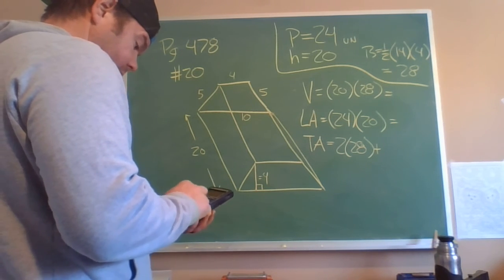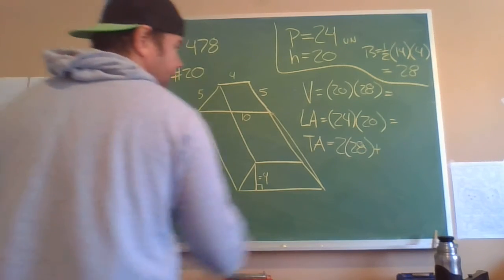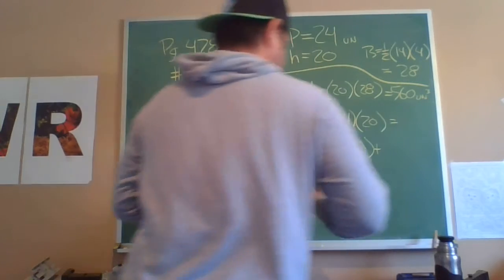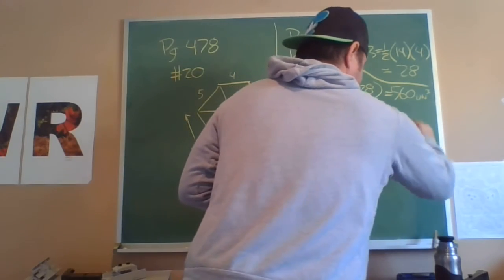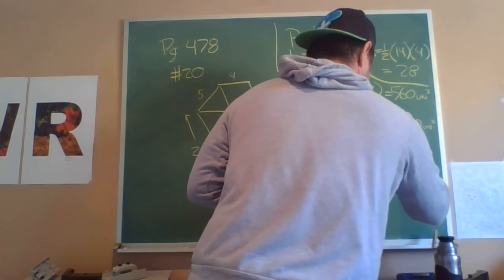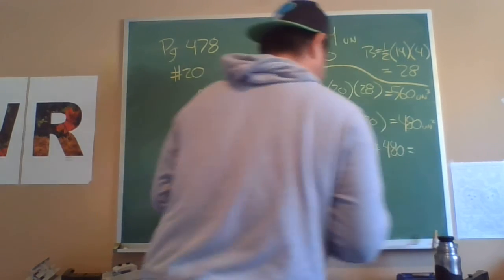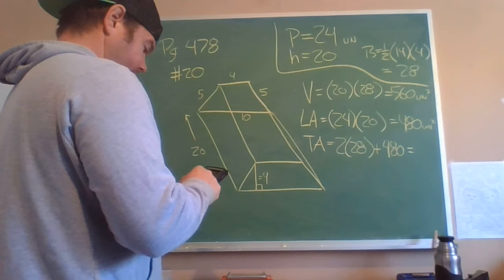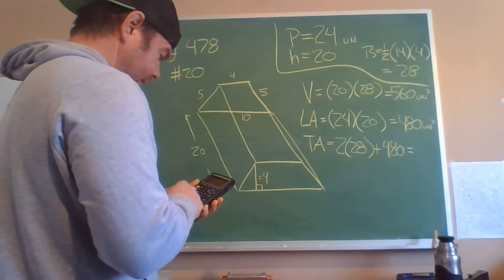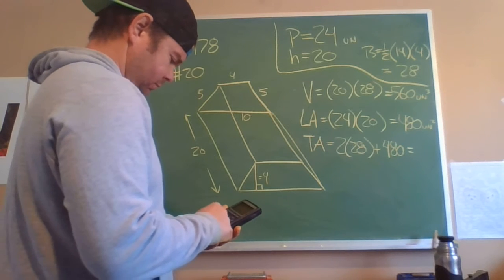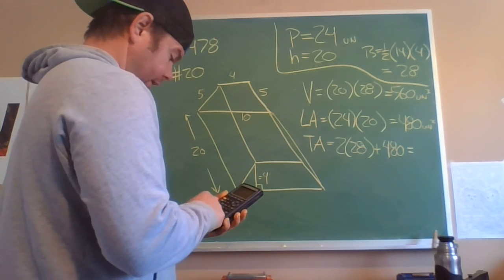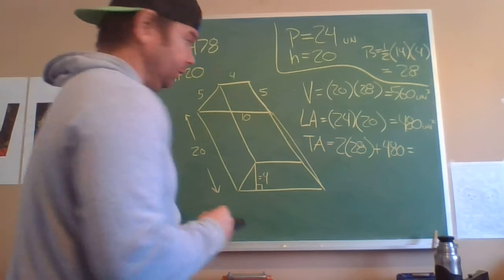20 times 28 is 560 units cubed. This is going to be 480 units squared. So I'm adding this to that. Plus, let's see, 2 times 28. 56 plus 480 equals 536.